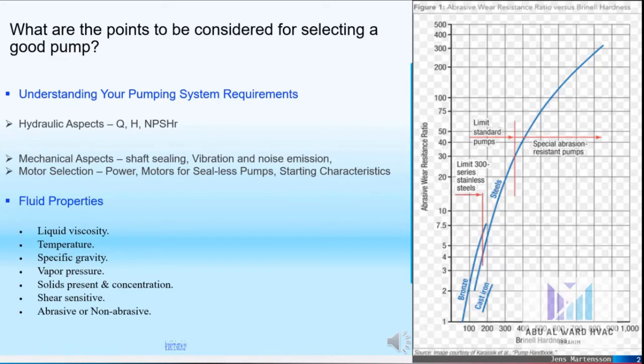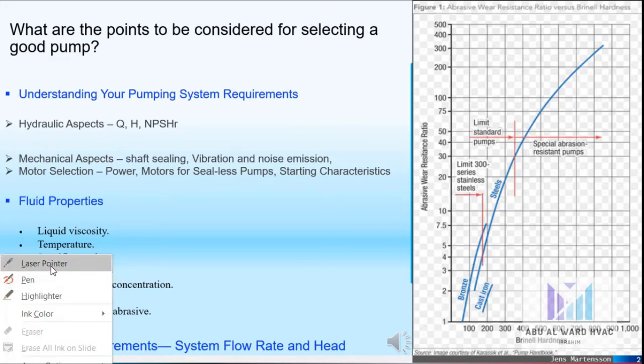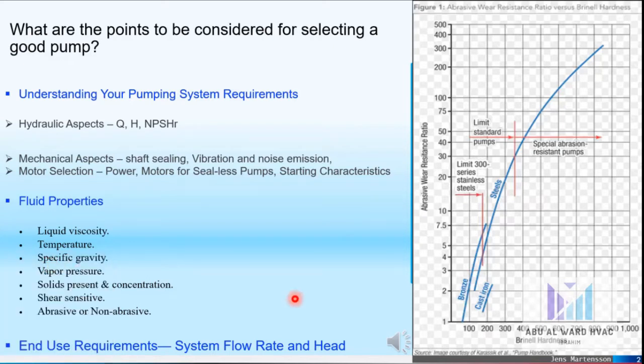For the first one, we have to know the hydraulic aspects, QH, NPSH, and mechanical aspects: shaft sealing, vibration and noise emission, motor selection, power motors for sealless pumps, starting characteristics.